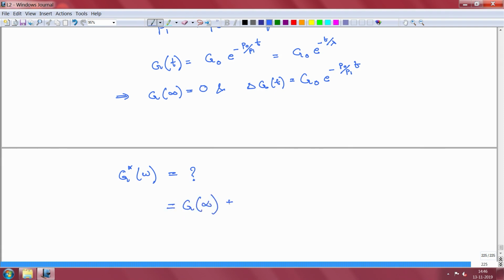We know that the general solution for this is given as G infinity i omega, and then there is an integral here that goes from 0 to infinity, delta G(s) e to the power minus i omega s ds. Okay. So, the first term is actually going to cancel, it is just going to become 0, and then you replace this term here and you try to see what result you finally get.